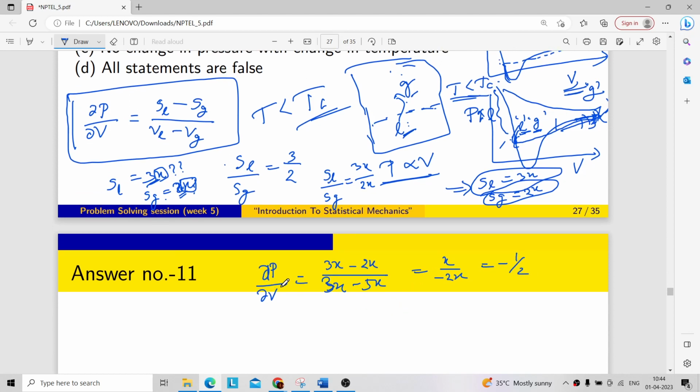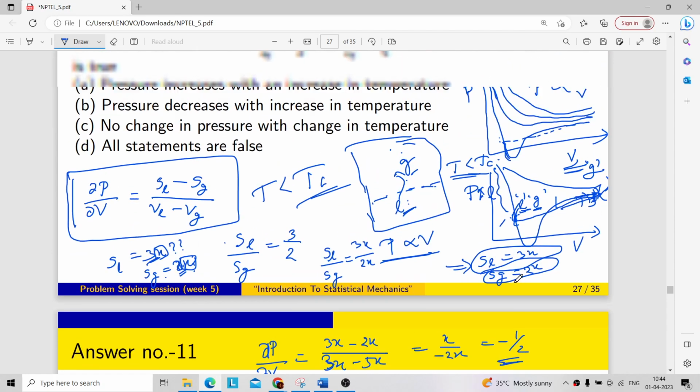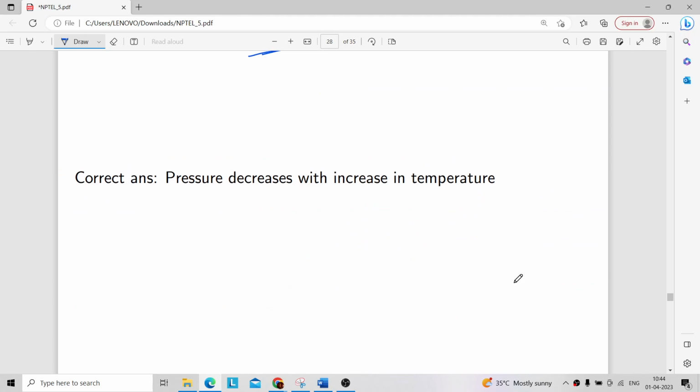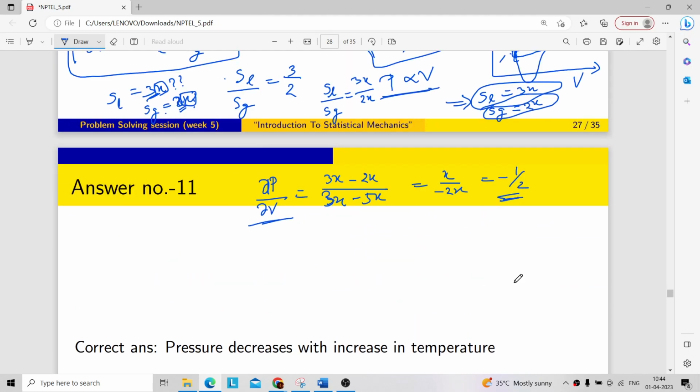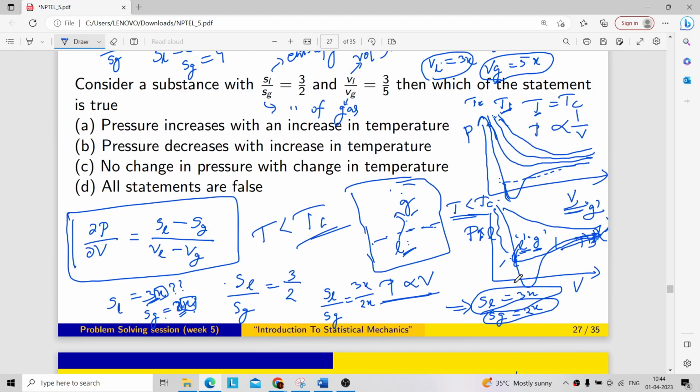But what I can see here, the slope is negative now. That means pressure increases with increasing temperature. Okay.